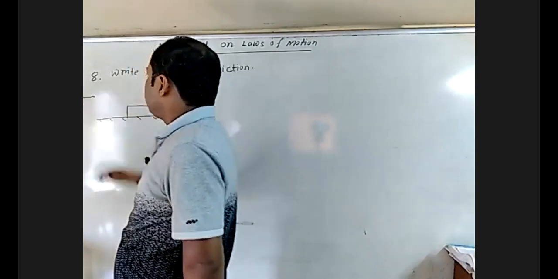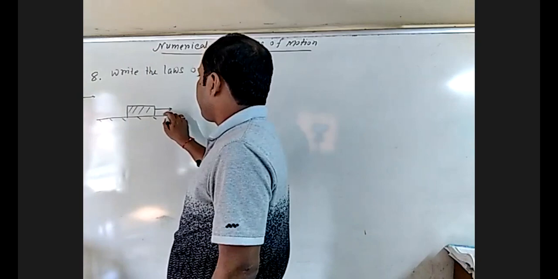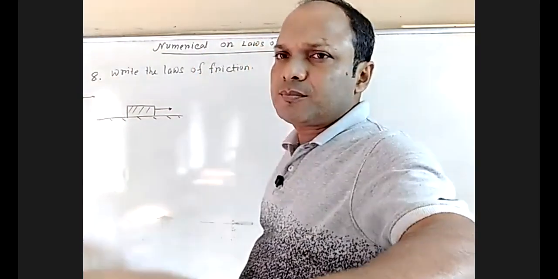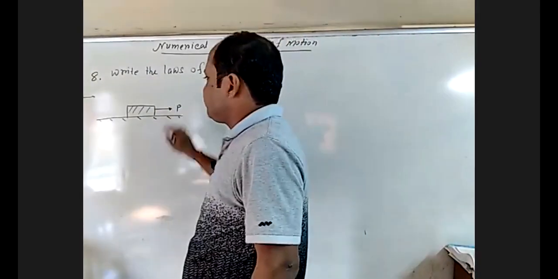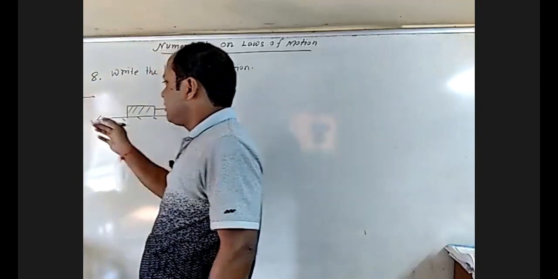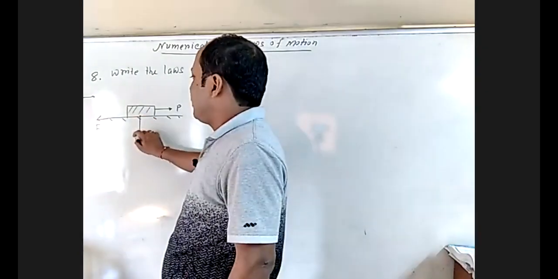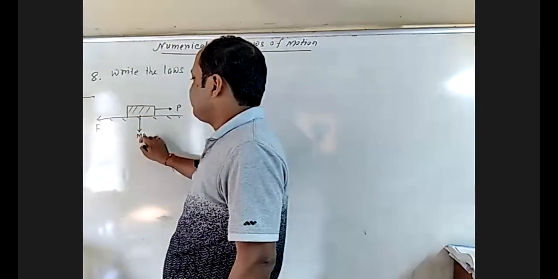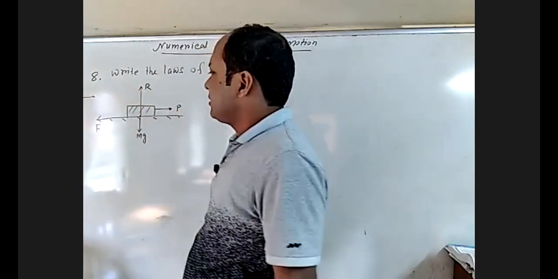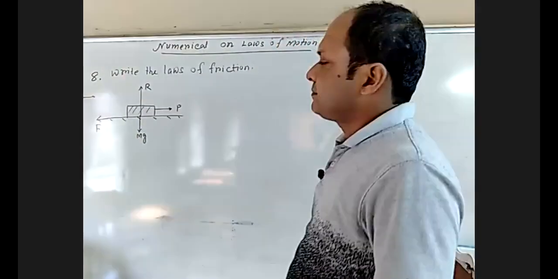Whenever you are applying a force on the object in the forward direction, there will be a force called frictional force in the opposite direction along the two surfaces in contact. The weight of the object is along the downward direction, and normal reaction will be exactly in the upward direction. In case of a horizontal surface, it will be vertically upward.